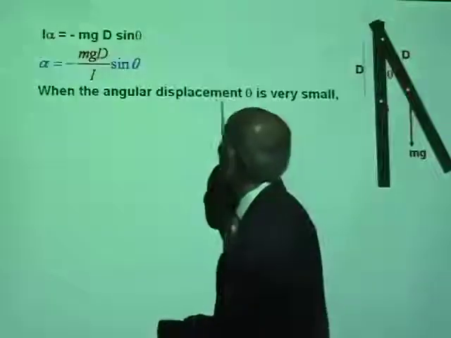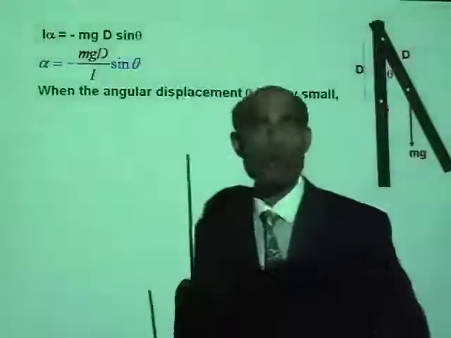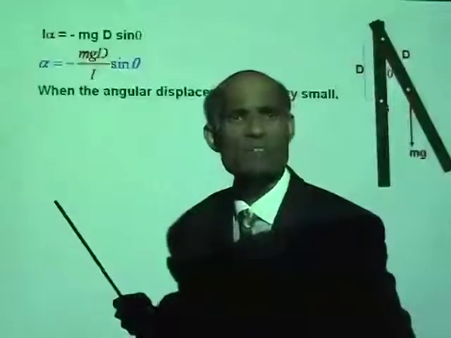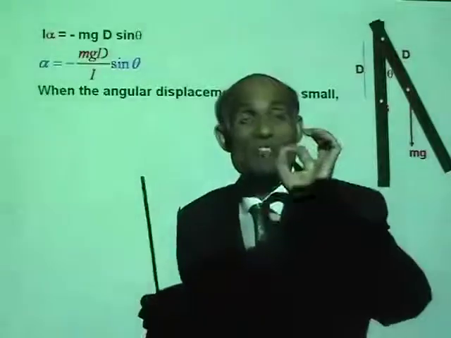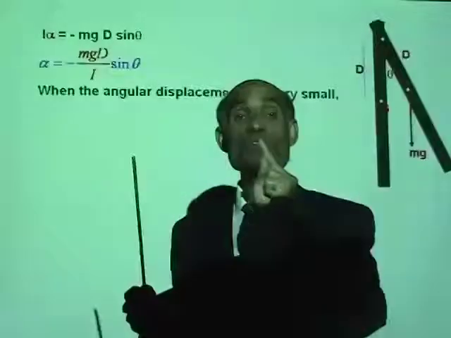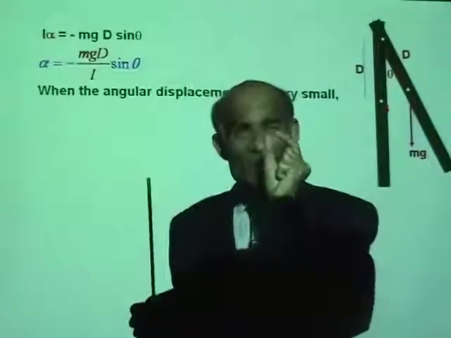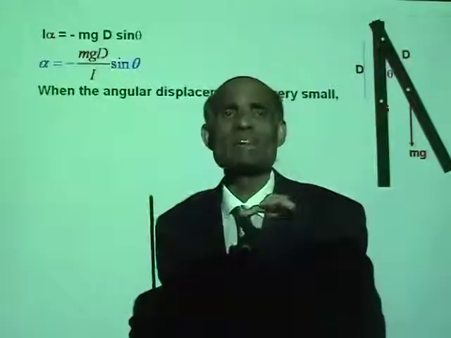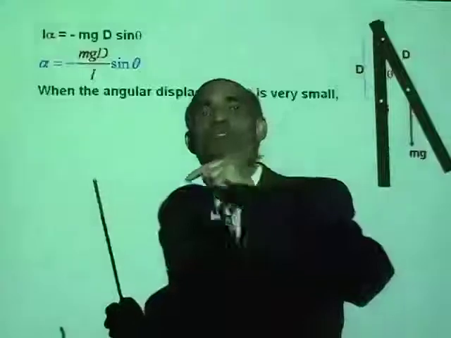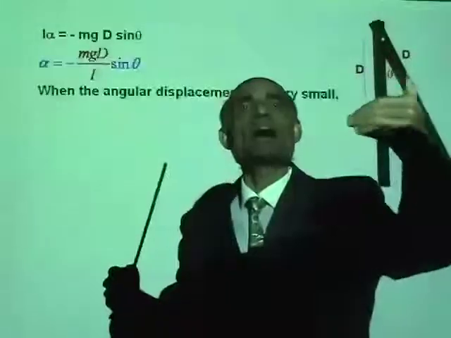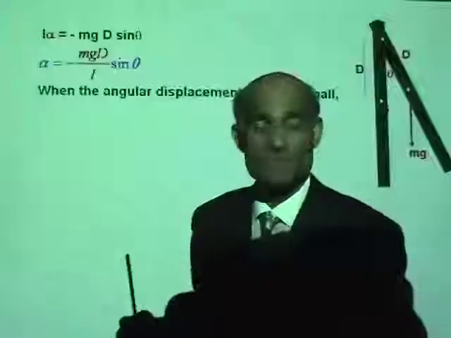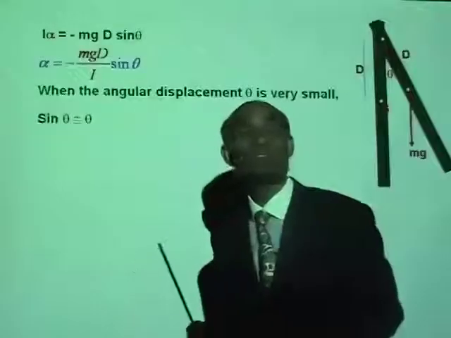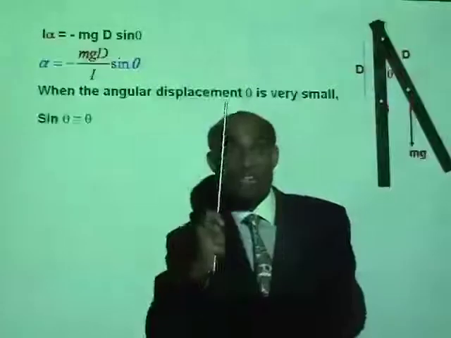When the angular displacement theta is very small, sine theta is actually the same as theta, if the angle is measured in radians. If the angle is very small, like 0.02 of a radian, sine of 0.02 radian is the same as 0.02. Sine theta is approximately equal to theta when theta is very small.